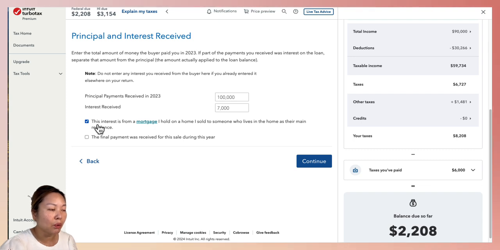This is the money that you receive for the interest payment because it was an installment sale. For every year, you're going to have to enter the information. You always have to do this Form 6252 every year until you're able to mark it as the final payment received for the sale during the year. So in our case, it's only year 2.